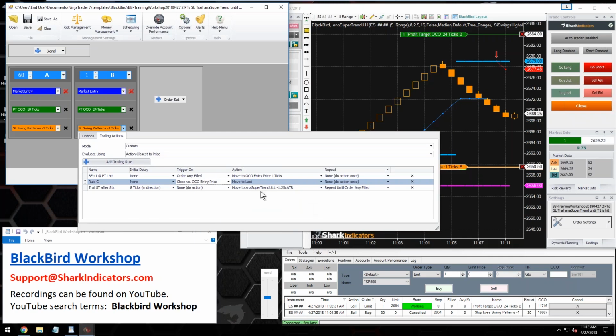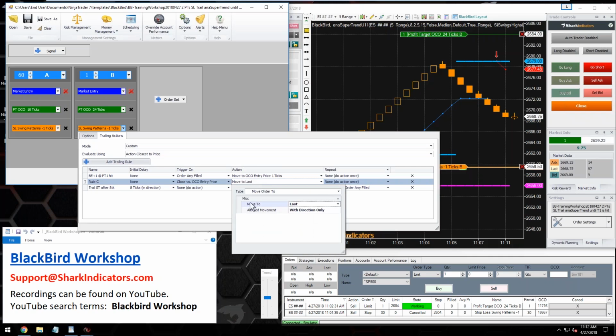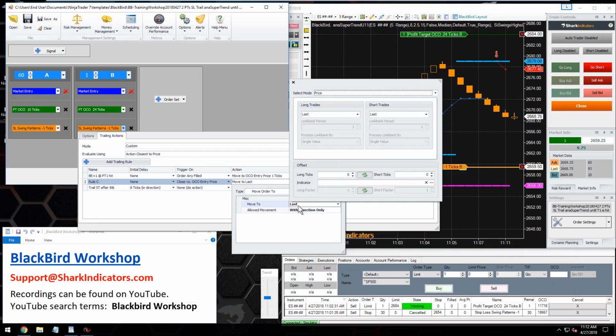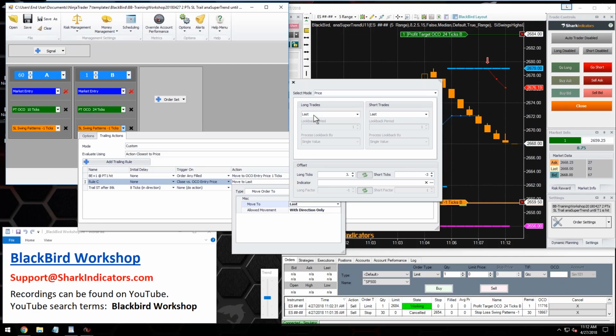All right, and then the action, well, we just want to move the stop loss to the last price, right? So that'll move your stop loss to wherever the market is trading and get it closed out. But just for good measure, I always like to throw that stop loss a couple of ticks beyond the last price to make sure that you're throwing that stop loss up into the order book, past the bid and ask price.